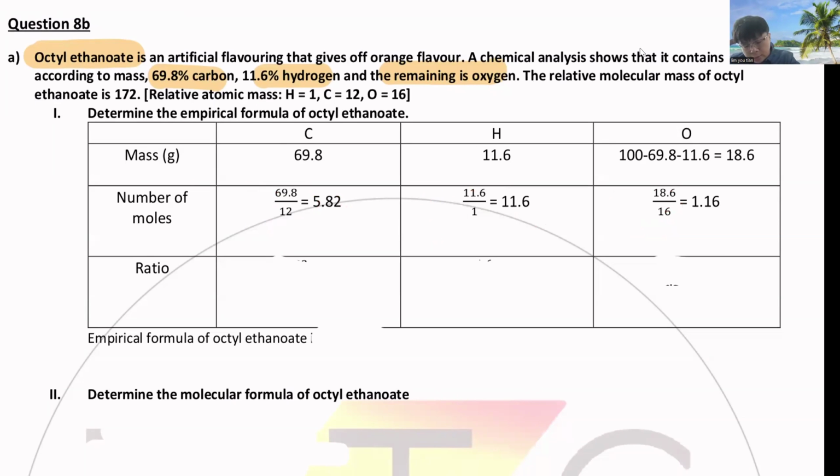Then after that, from here, we take the smallest. This is the smallest. So all divide by the smallest number. You get the ratio.